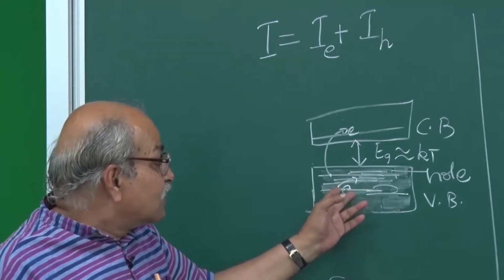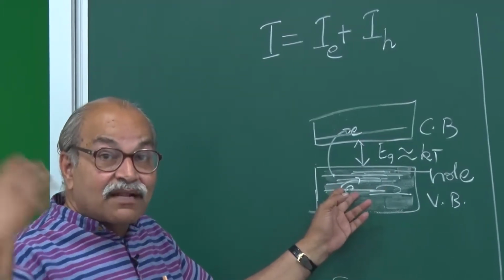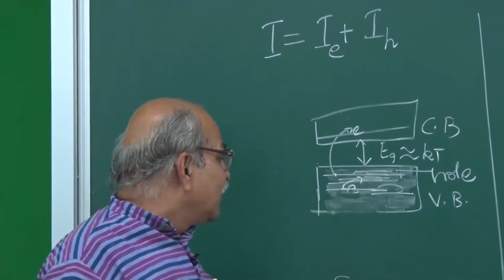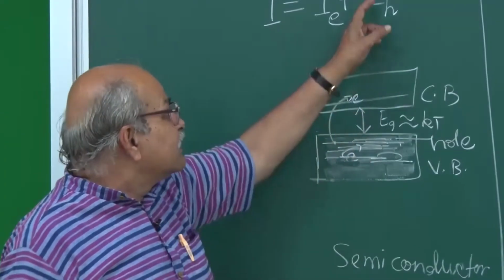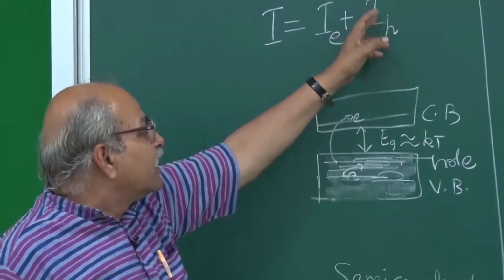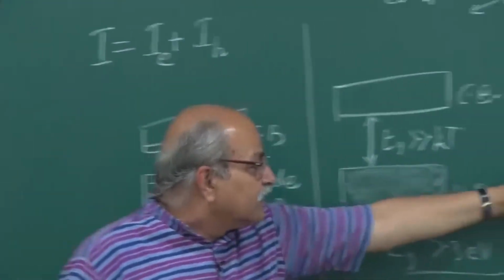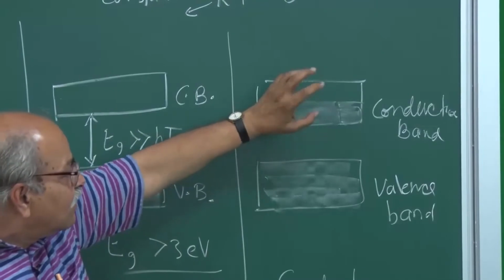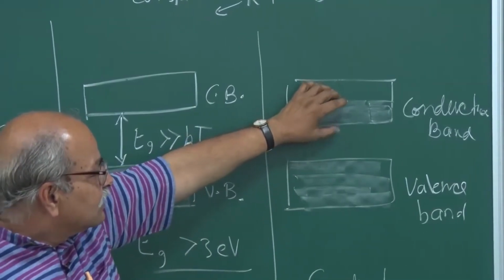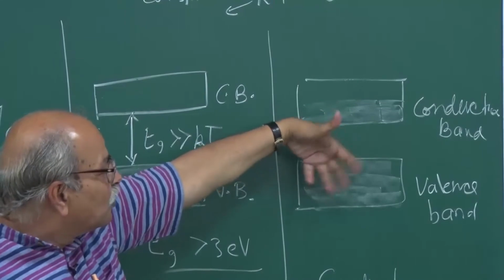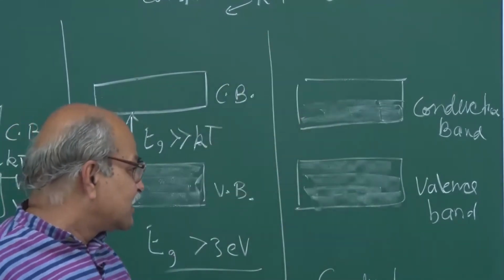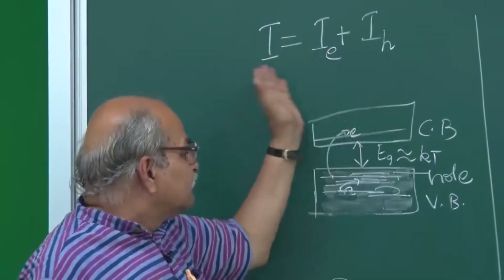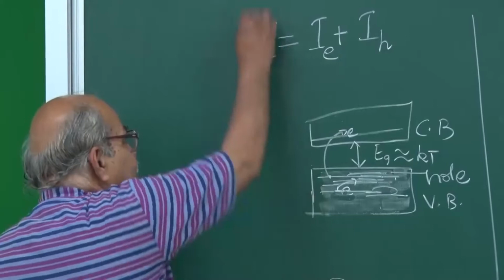These are not that free to move in the entire crystal, but even in their localized domain they can make some current, which you can call I_H. Here it is not the case. Here these electrons are in large numbers, and therefore even if some holes are there, it's almost negligible. So this is the kind of conduction mechanism which is there in semiconductors.